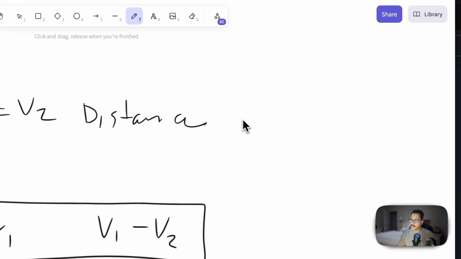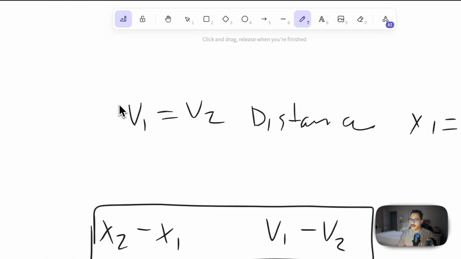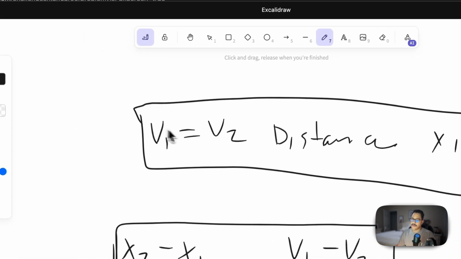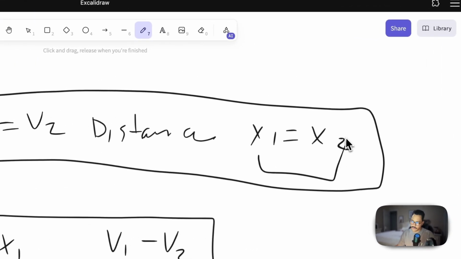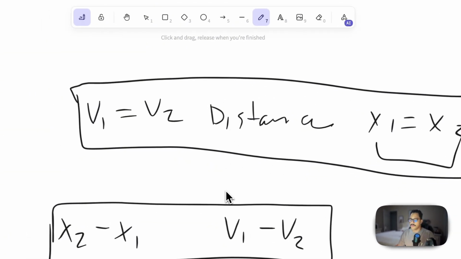Distance, which is x1 equals x2. So that's going to be an edge case for us, because if the velocities are equal and one kangaroo is ahead of the other, we already know that.